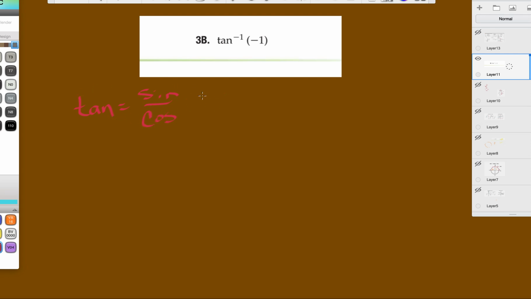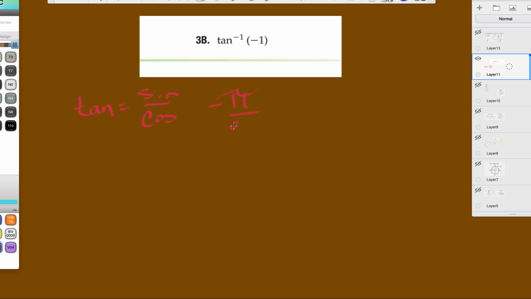So where on the unit circle would we find negative 1 when we have sine over cosine? If y over x is 1, but we wanted it to be negative, there's only one spot, and it's going to be in quadrant 4, and it's going to be at negative pi over 4, right?